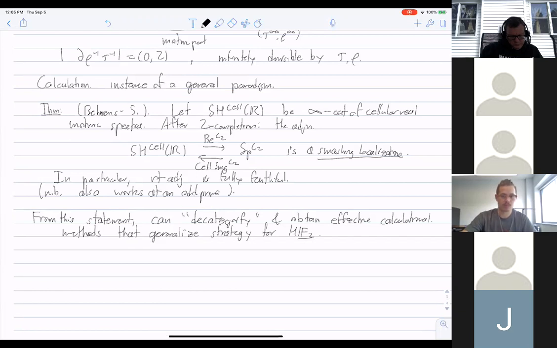So that's why this work is relevant to the electronic computational homotopy theory seminar.